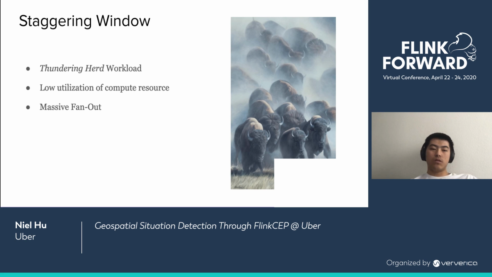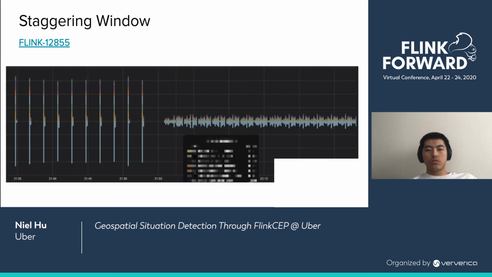Also, if your pipeline has internal events generated in a flat map fan-out fashion, this will amplify the problem by a large magnitude. So the solution is a simple modification of the Flink window assigner.